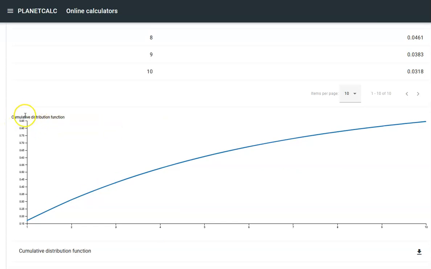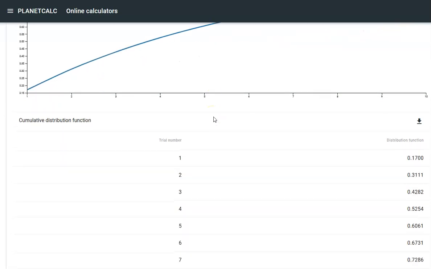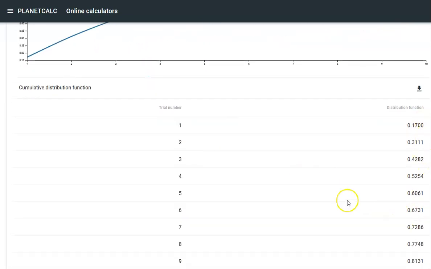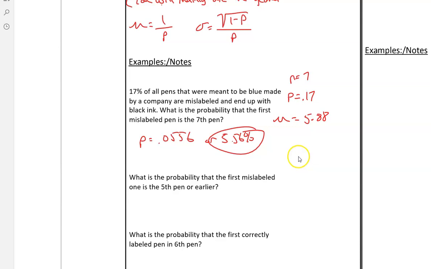Cumulative means you keep adding them. So the chance that it's the 5th or before is from 5 down, added all up, which is this number right here. So 5th or earlier would be 0.6061. So P is 0.6061, like that.